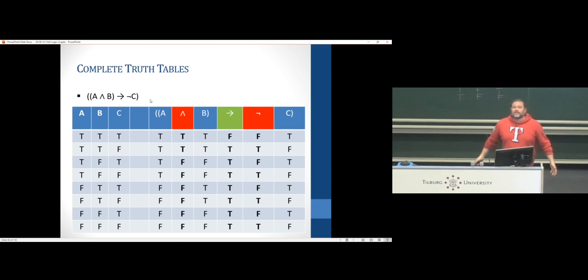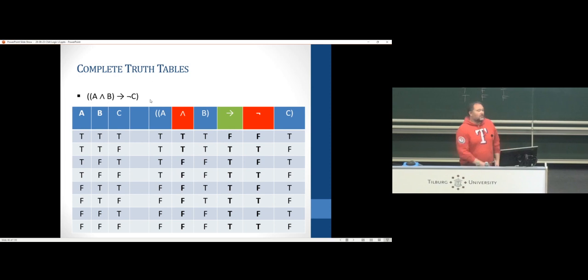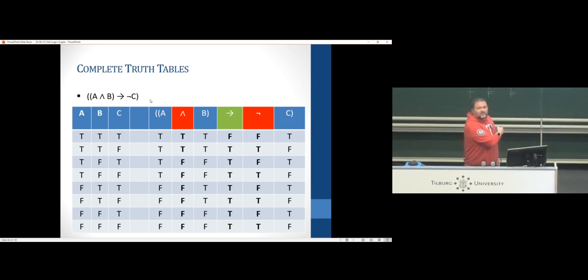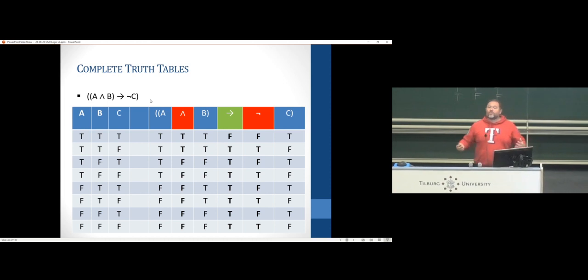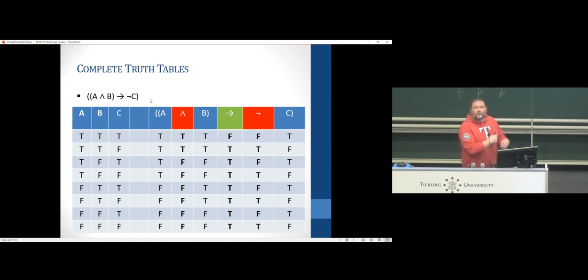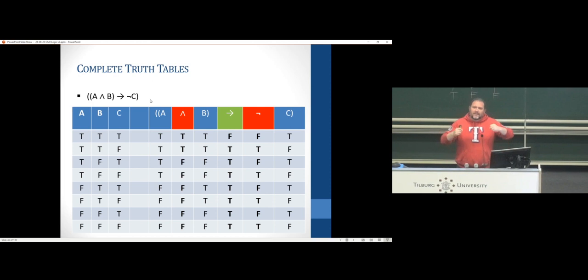So that's it. That's basically how to do complex tables. You build your matrix. Your matrix tells you all possible combinations, right? All the relevant valuations. You copy them over, and then you go step by step by step.